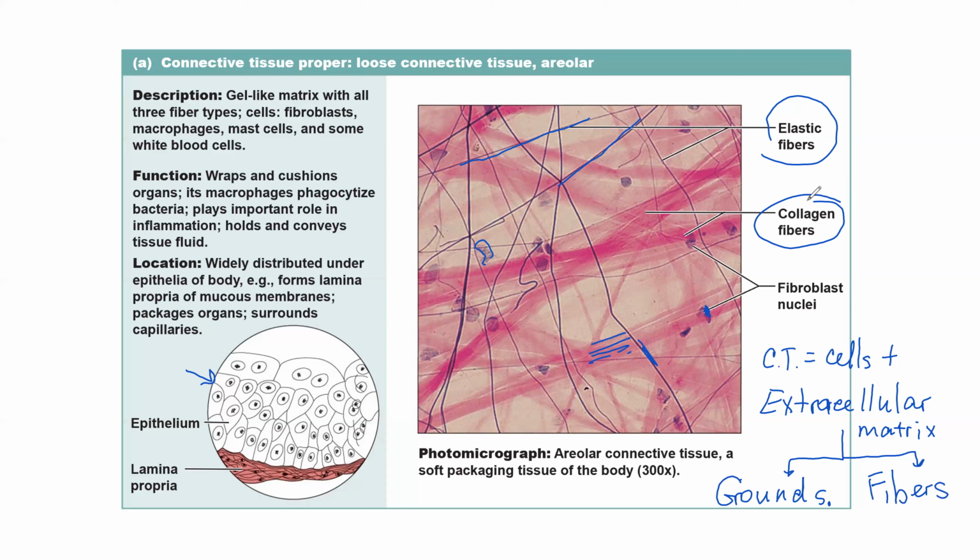There is another type of fiber in this tissue, reticular, but reticular fibers are really made of collagen as well. That's why they kind of blend in. So the only fibers you can see here are collagen and elastic, plus cells. And this pinkish stuff over here, all this stuff, that's our ground substance.